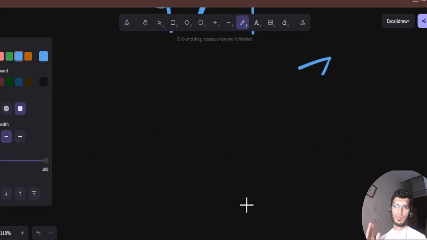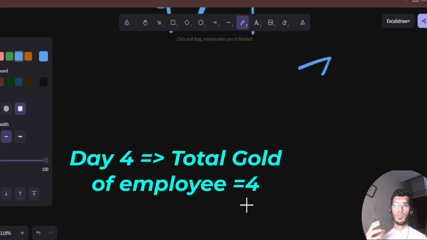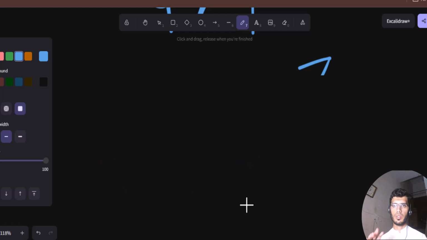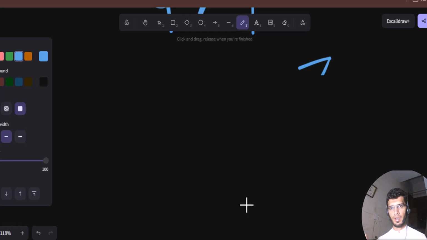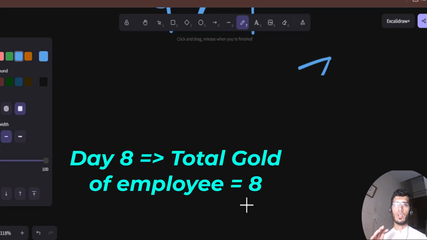Like on day 4, the total gold with the employee will be 4. Similarly, on day 7 it would be 7. On day 8, the total gold with the employee would be 8.